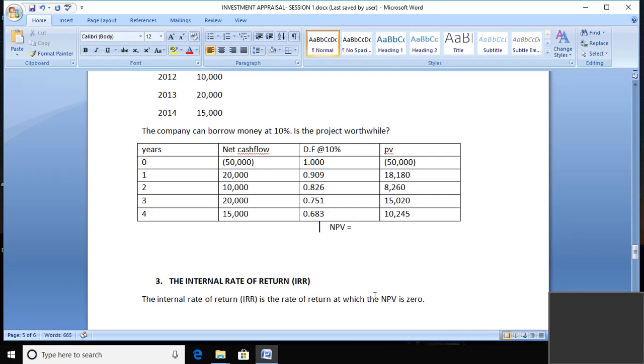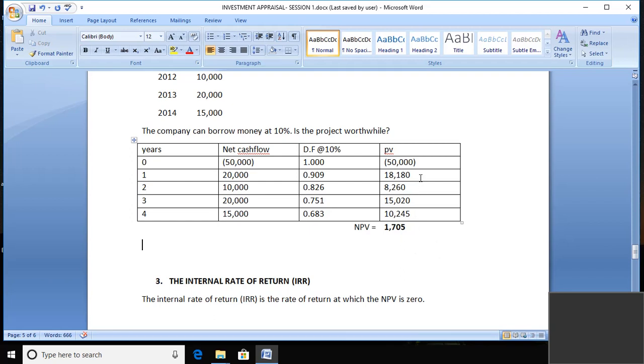So adding the inflows and subtracting the outflow, you should get a positive 1,705. So where is the 1,705 coming from?